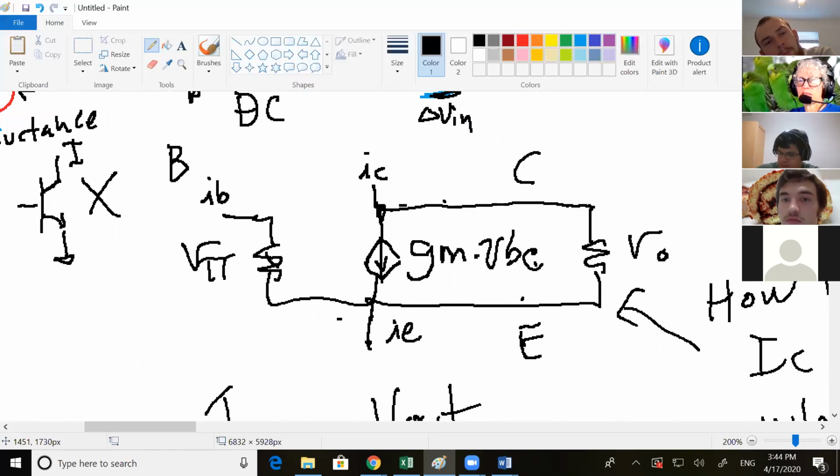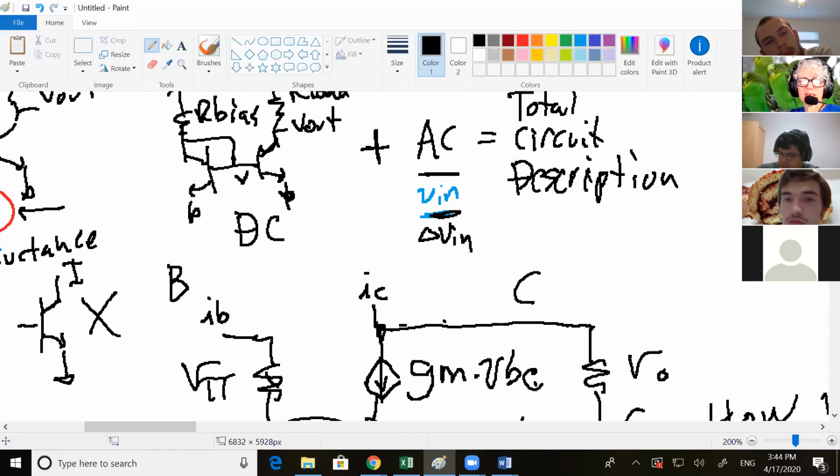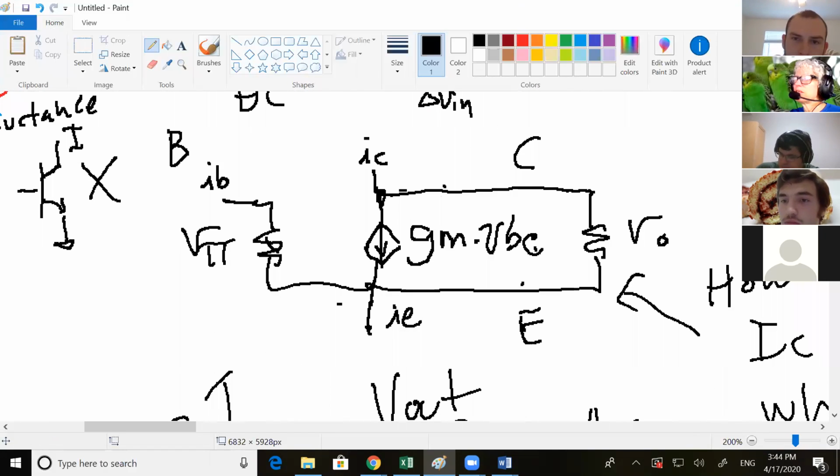And it turns out, remember, we've got this DC part plus the AC part equals the total circuit description. This AC part is described by this model right here. Since you got to see it a couple of days ago, do you have any questions on it, how we got there, or? Okay, so then let's keep going.